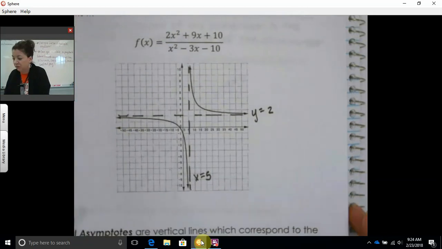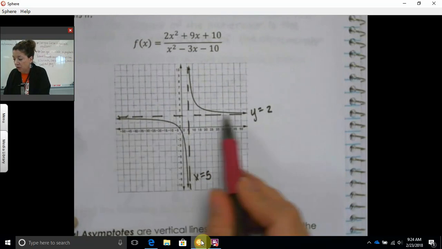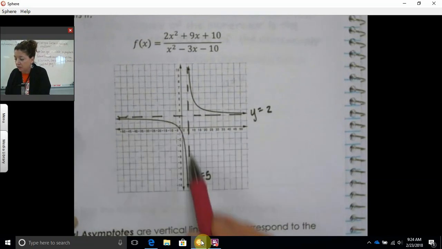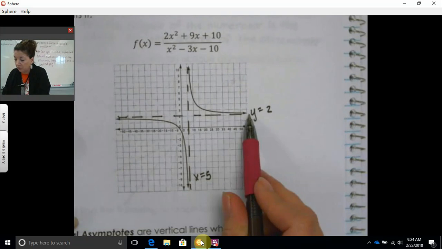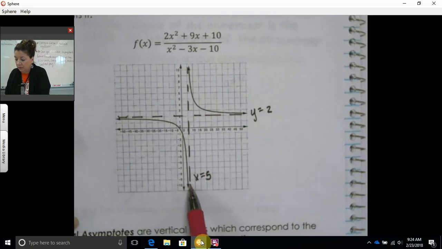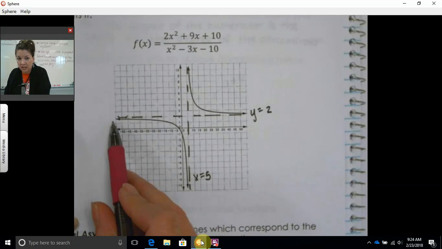This is a rational function that has been graphed. These dotted lines are not part of the graph. They are asymptotes. Okay, so an asymptote, a horizontal asymptote, and a vertical asymptote. So this graph is approaching this horizontal asymptote, but it will never touch it. It gets close, close, close, close, but that's it.